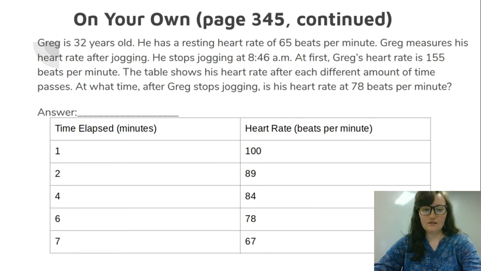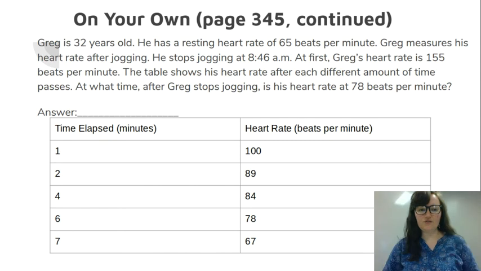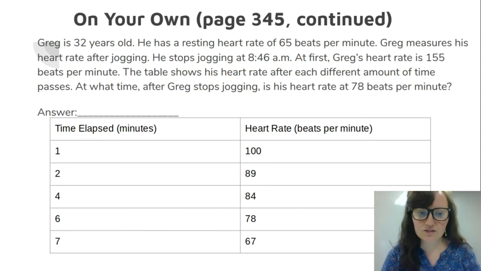All right. Now on your own, it says Greg is 32 years old. He has a resting heart rate of 65 beats per minute. Greg measures his heart rate after jogging. He stops jogging at 8:46 a.m. At first, Greg's heart rate is 155 beats per minute. The table shows his heart rate after each different amount of time passes.